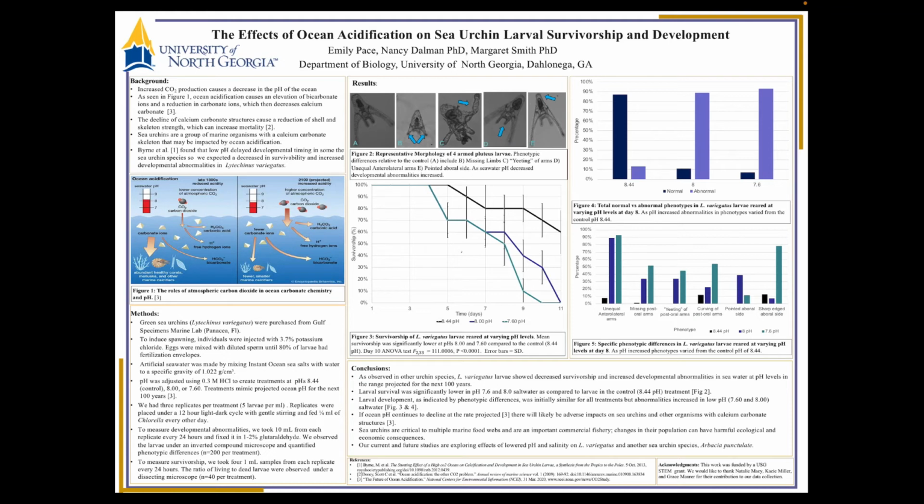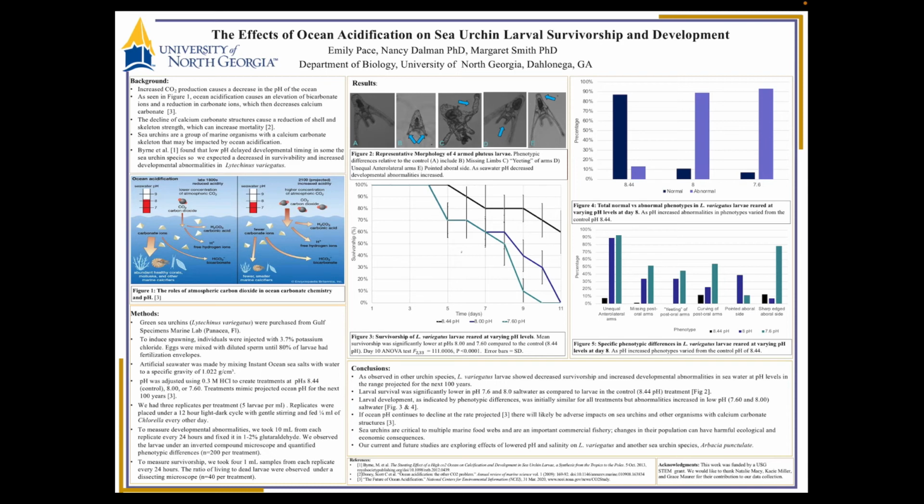Figure 5 represents the specific phenotypic differences in the larvae reared at varying pHs at day 8. We quantified 200 sea urchins per treatment and counted the amount of larvae that had unequal anterolateral arms, missing post-oral arms, yeeting of post-oral arms, curving of post-oral arms, pointed aboral side, and sharp-edged aboral side. As pH decreased, phenotypes varied from the control.